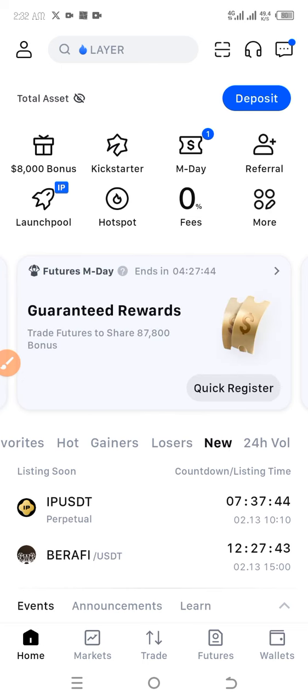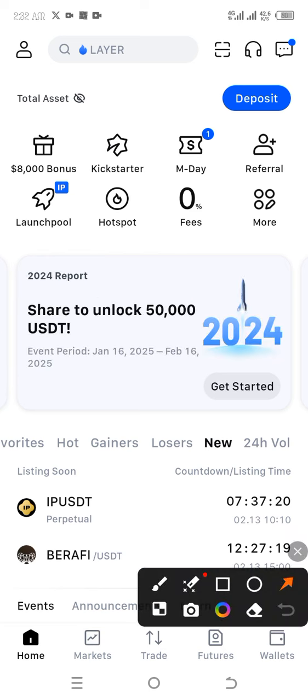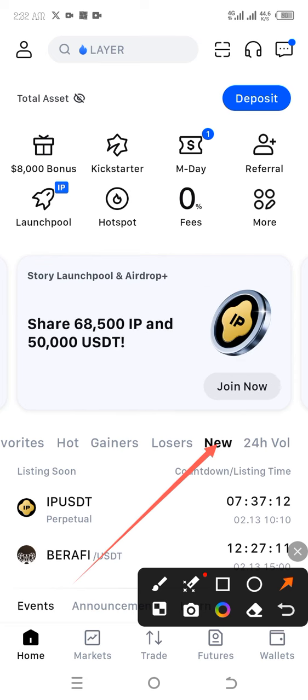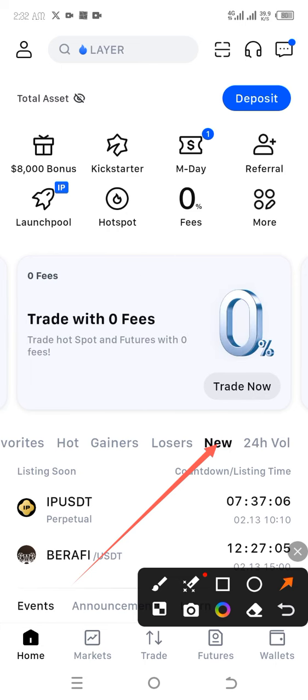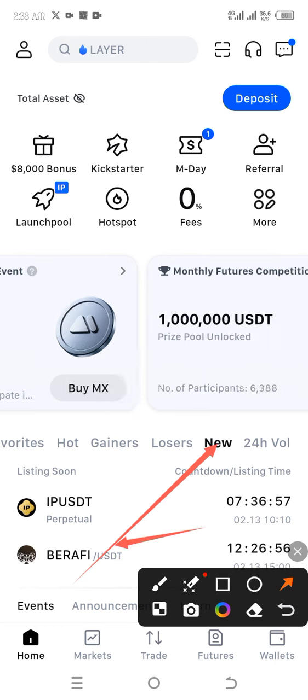Now you first come to the new section. Once you click on this new, you can find it in any exchange, and you will see all the new coins. Like you can see all this IP USDT is now on perpetual. Some coins are being listed. Not all coins have perpetual, which is futures trading, but some do.